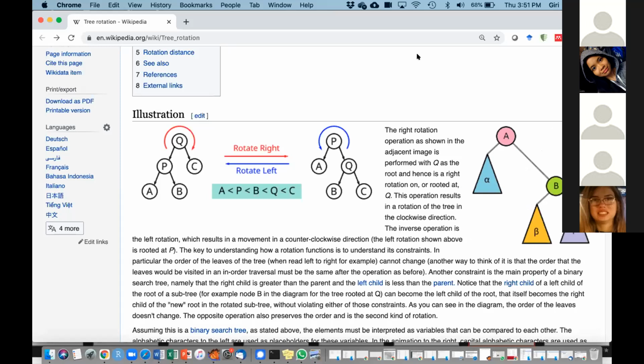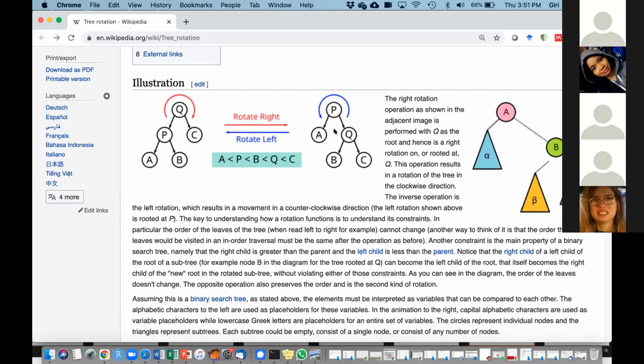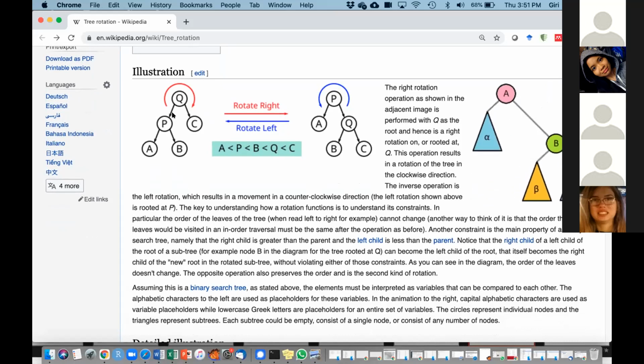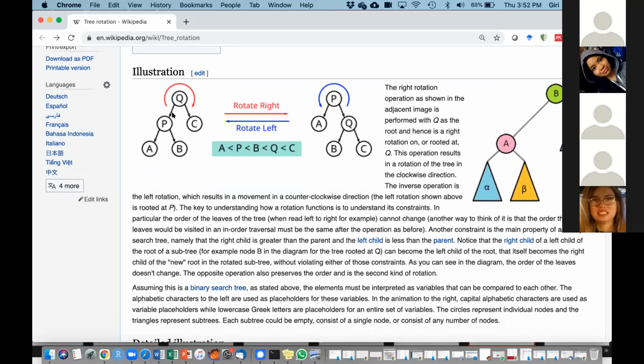So what you see here is the important stuff. Given any binary search tree, you can look at any node in the tree, and you can perform what's called either a rotate right or a rotate left operation, and these operations will look the way it's shown here.